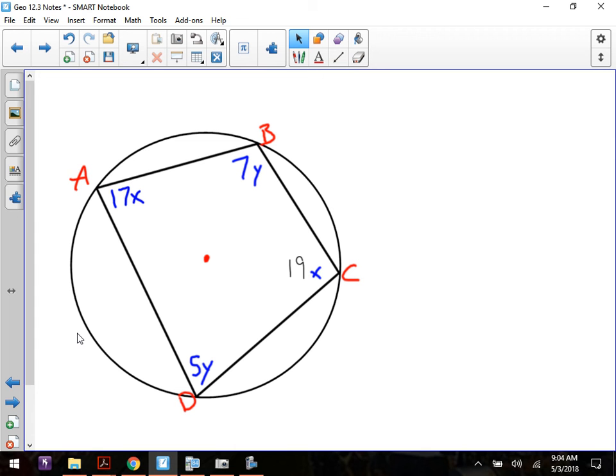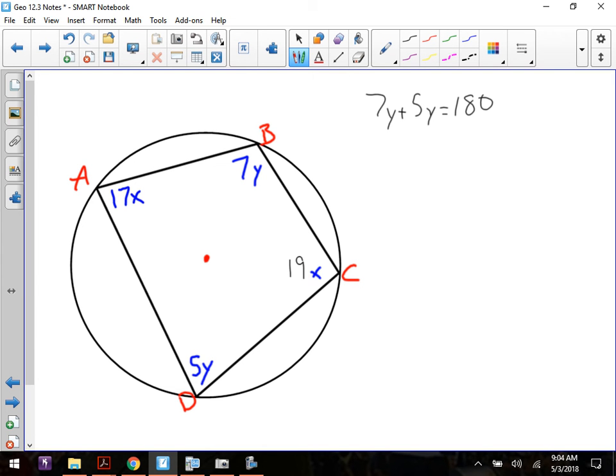Take it a step further and find all the angles, please. Oh, I'm such a jerk. I know. It's 105, 75. You got 15 for y. Substitute in, that means this one is 95, I think?